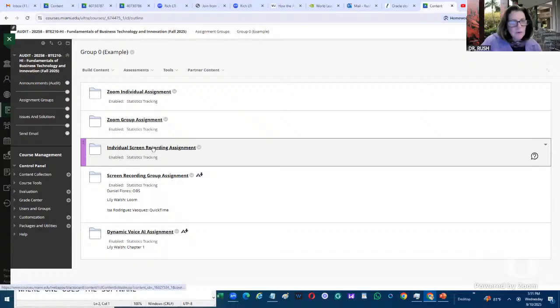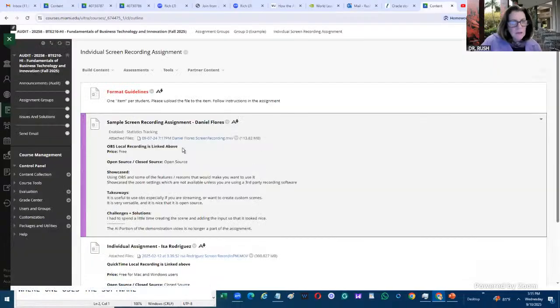So in the individual recording assignment, you can see each student, just like before, does their sample screen recording assignment. They will tell which software they use.